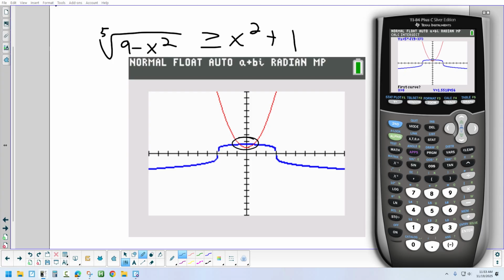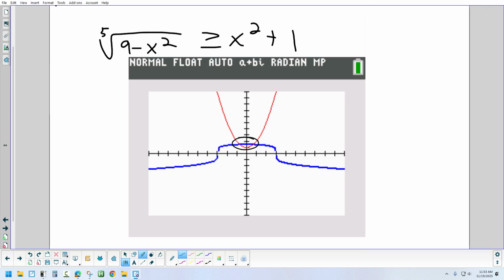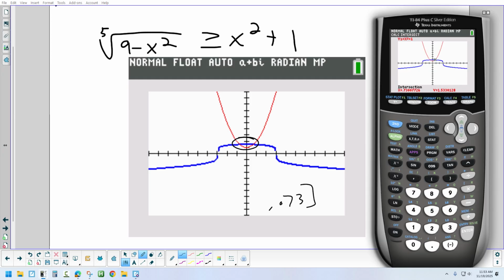So calculate the intersect. If you just do it randomly, you'll get one of them. So I got the higher end, 0.73. And now when I do it the second time, I got to be a little bit more careful. It's probably negative 0.73, but don't always assume it's symmetrical. Just find it.